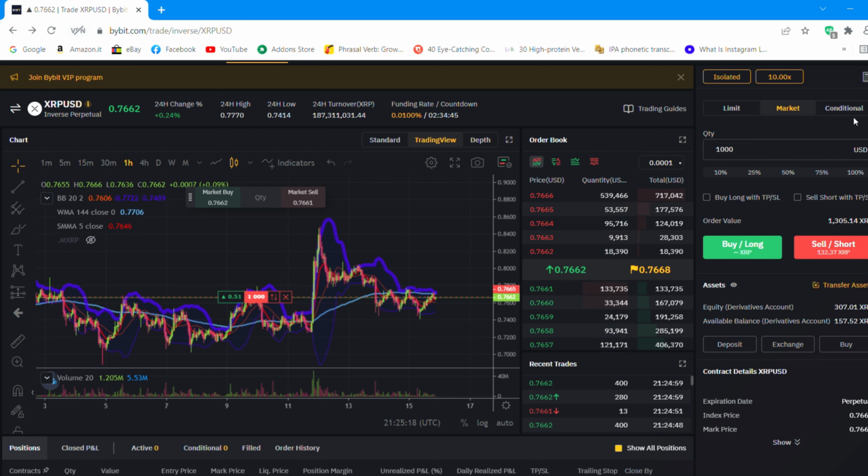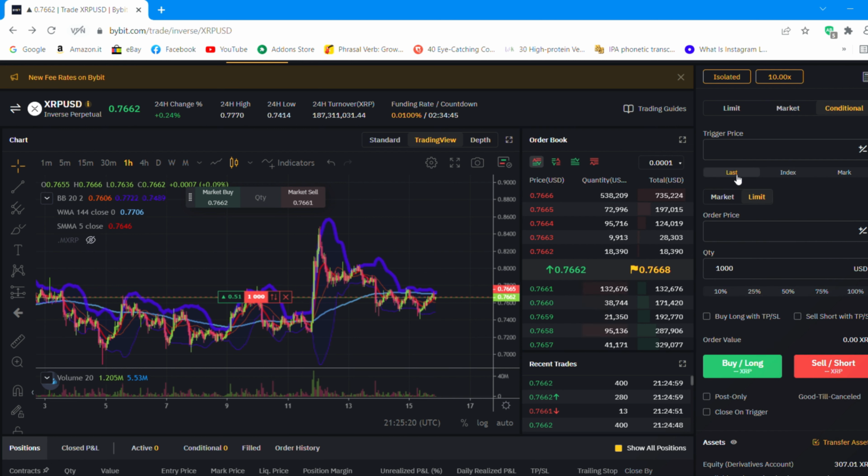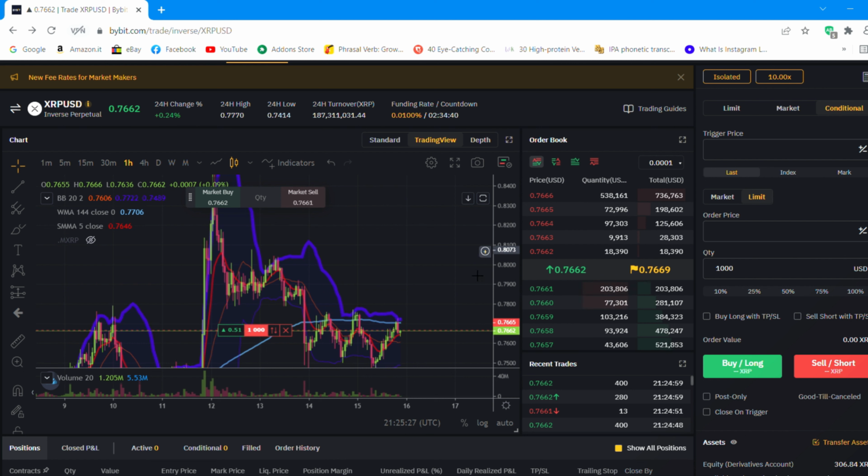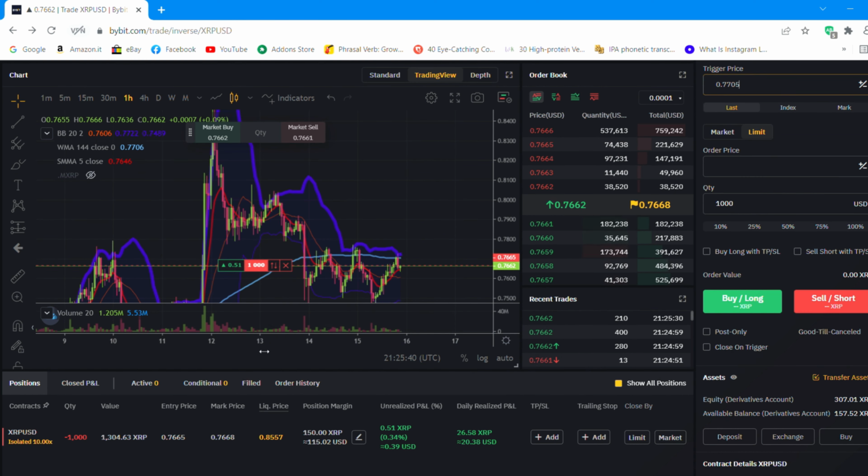But for conditionals, I have to think about when. If I had planned this as a conditional, I would have put, for instance, 144.7705 as the trigger price. So at that price, my order becomes active.